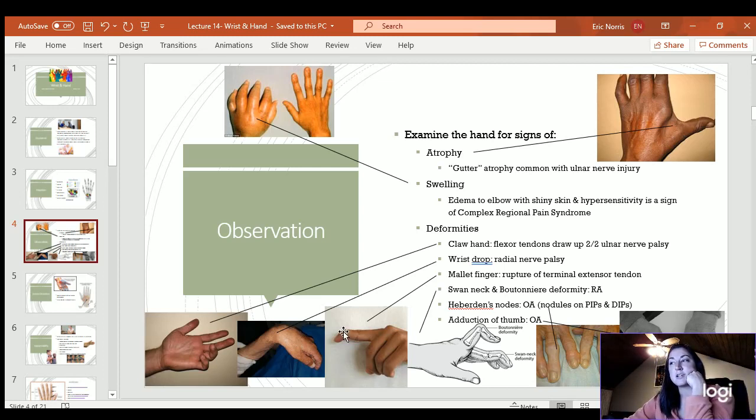Mallet finger is typically the rupture of the terminal ends of the tendon, the very final portions of the extensor tendons, so they're not attached in order to pull it up into a neutral alignment. So it's ruptured here, and now there's nothing attached to keep it from just sagging.